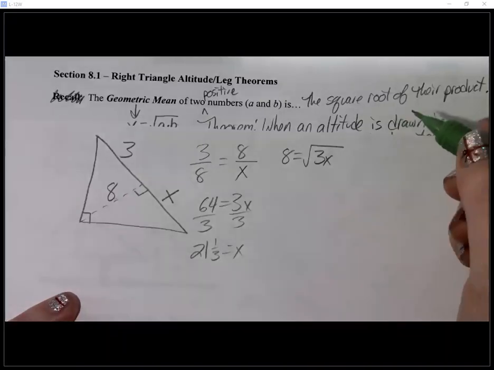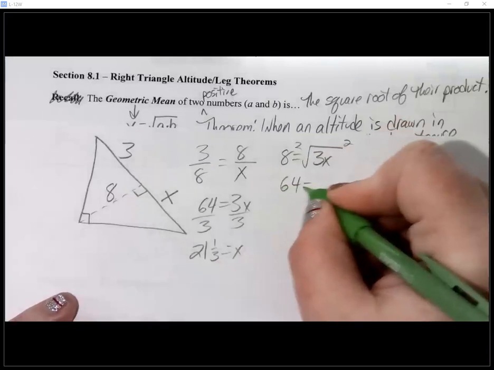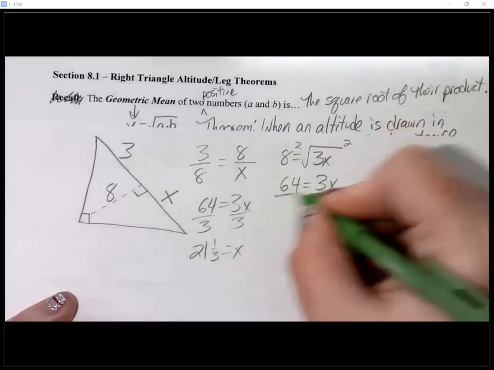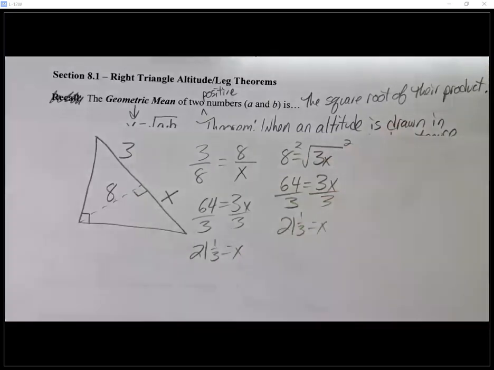Yeah, square both sides, right? Squaring, I get 64 equals 3x, and you end up with the same thing, right? 21 and a third. So are we reasonably comfortable with this? Because the next one is real weird. This one I feel like isn't so bad. The next one just takes a while to get used to, that's all. But I don't want to move on if you're like, I literally have no idea what you're talking about. But are we comfortable?